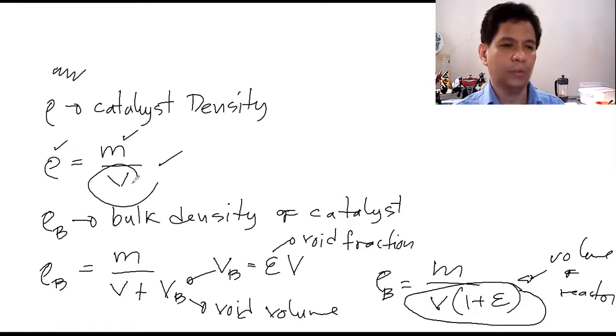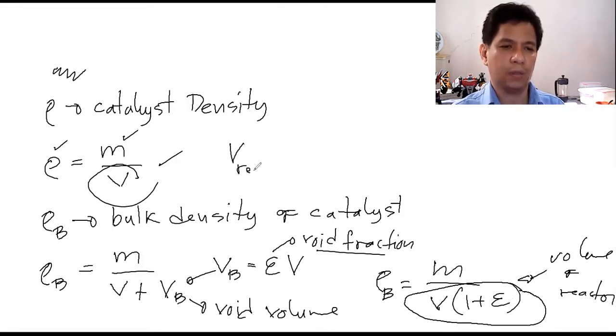So in order to solve the volume of the reactor, and you are given the void fraction, you can simply solve the volume of the reactor using this equation: V times 1 plus void fraction. No? So I think that's the most important equation in this discussion.